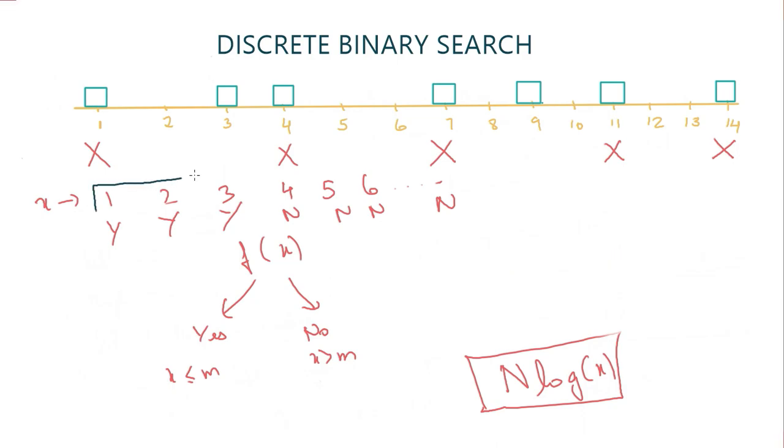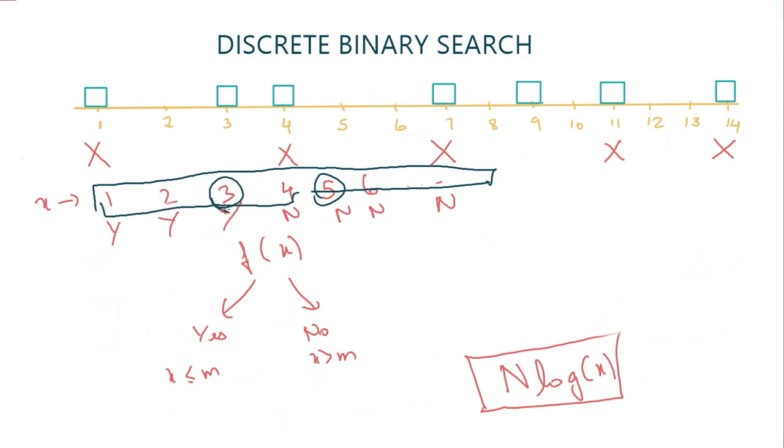So in this entire range of possible answers, we take the mid value, say 5, and check whether the function gives true or false. Basically see whether 5 can be a possible answer or not. If it is no, then we strike out the right hand side and go to the remaining left hand side, and again take the middle element and check if it is a possible answer or not.